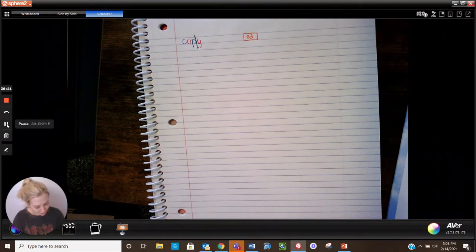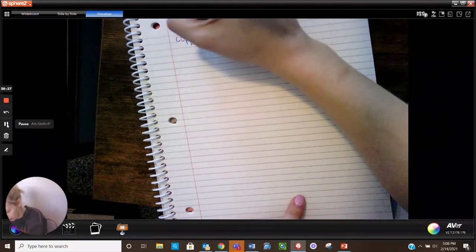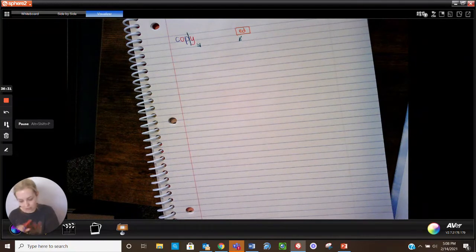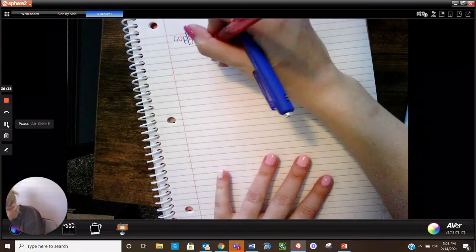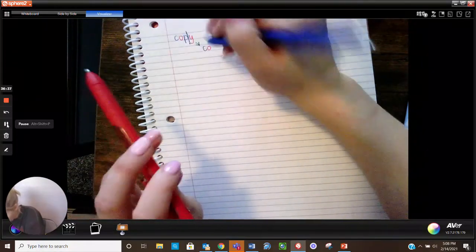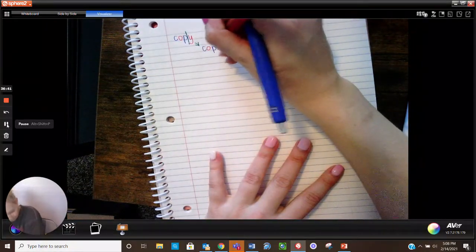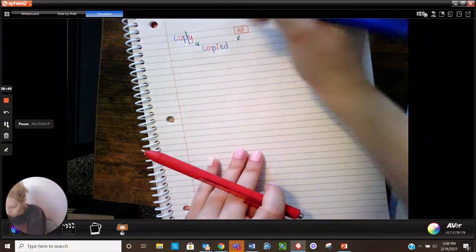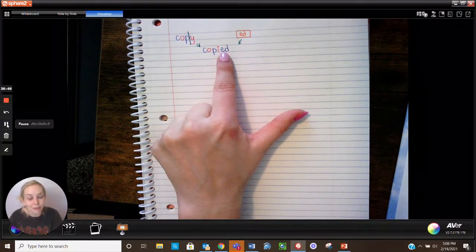All right. So now I'm going to write the new word underneath it. And my new word becomes copied. Good. And notice that I did not write that E in red.